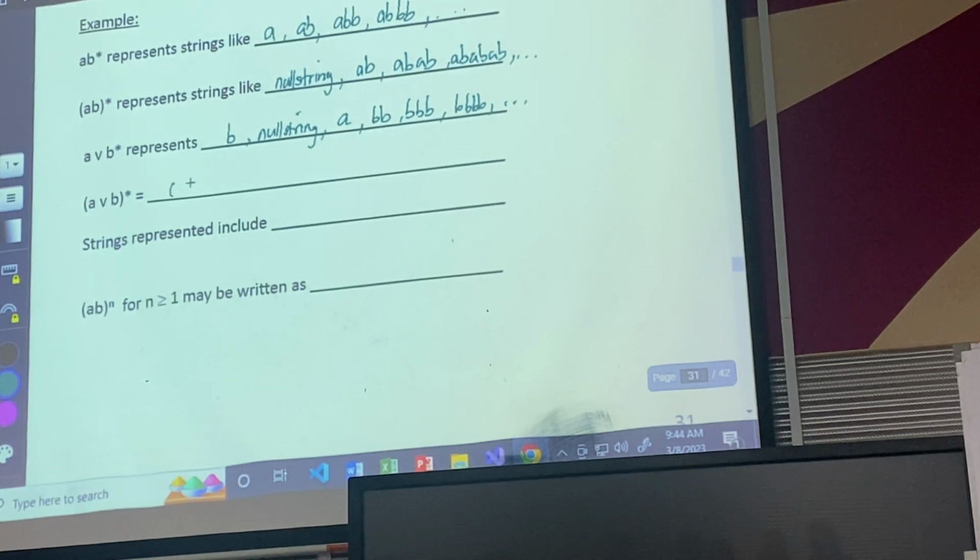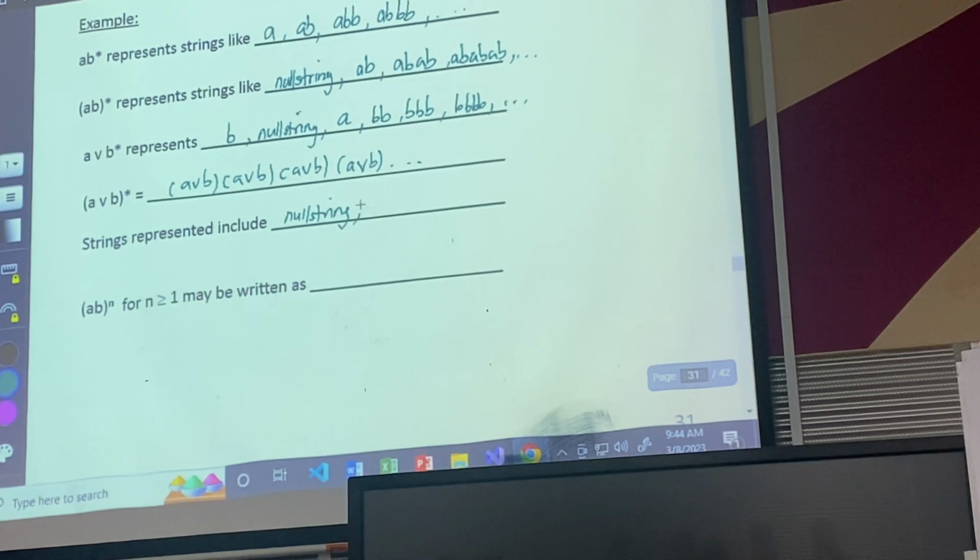So this one is you repeat A or B straight. You repeat how many times? Let's say I repeat 1 time, 2 times, 3 times, 4 times, and so on. Each time I repeat, I can choose A or B, correct? So if I don't repeat, the asterisk here is 0, I don't have anything, then I can have a null string.